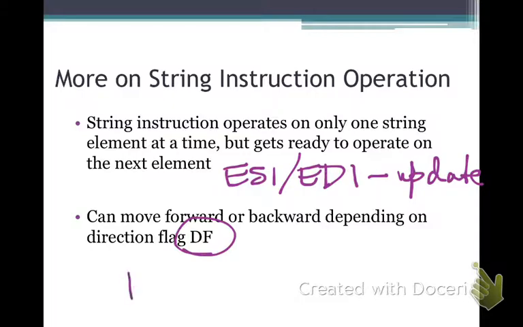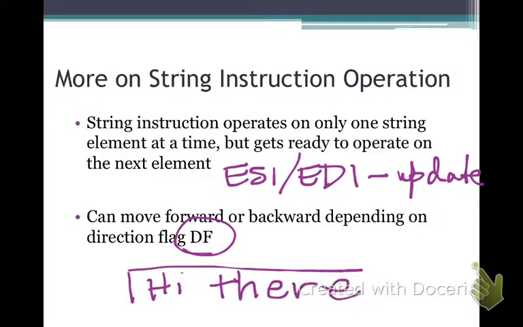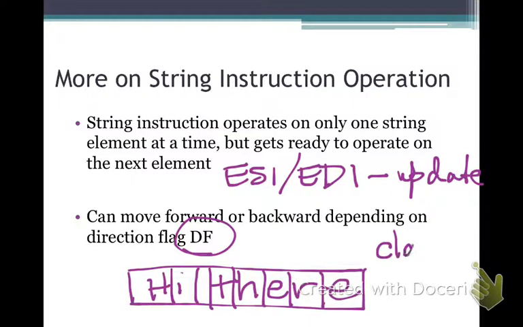So let's just come up with something. Here's our string. Sorry, this is messy. If I use CLD, clear the direction flag, then I am setting a forward, or left to right, direction.